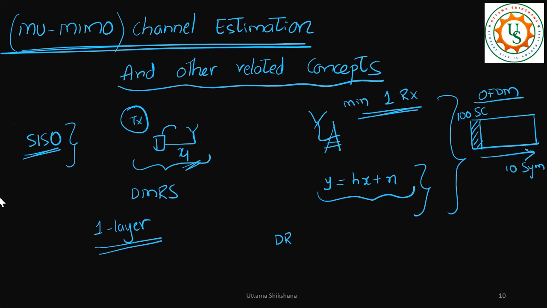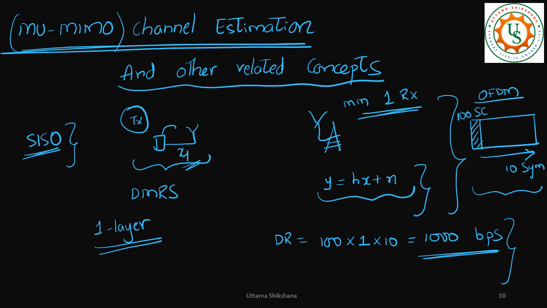So what is the data rate? All other factors I will just consider as one to calculate the data rate. To make it simple, we have 100 subcarriers times just one layer or one antenna, times 10 symbols. So let's say 1000 bits per second. All other factors like code rate, number of bits, and many other things I've just taken as one. So this is the data rate achieved.